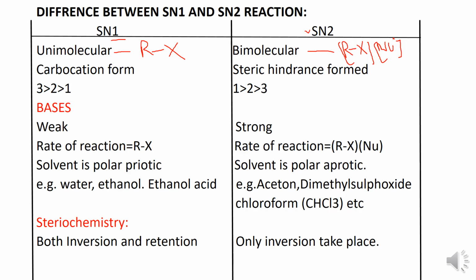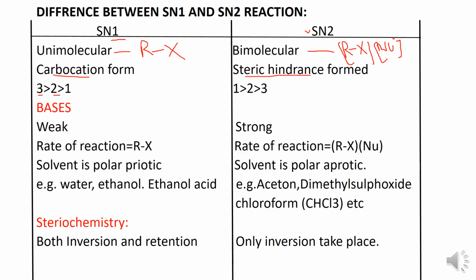In the SN1 reaction, a carbocation is formed, while in the SN2 reaction, steric hindrance is formed. The carbocation is formed strongly in the presence of 3-degree carbon as compared to 2-degree carbon.